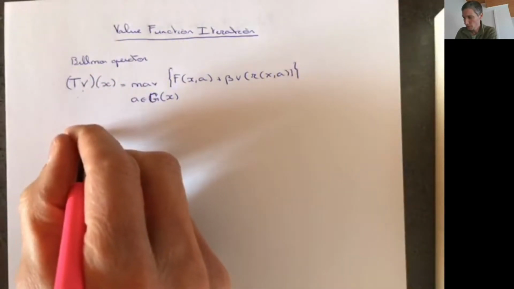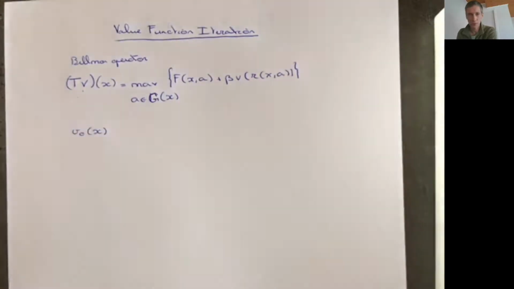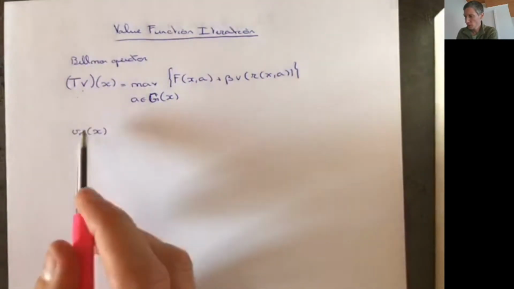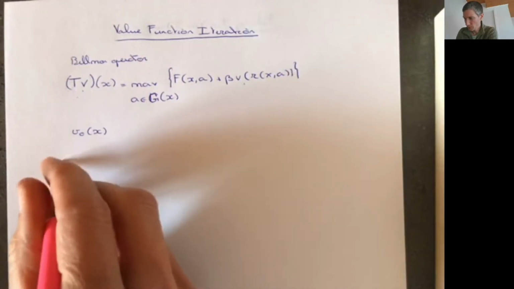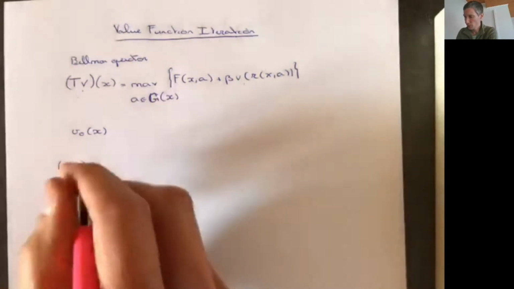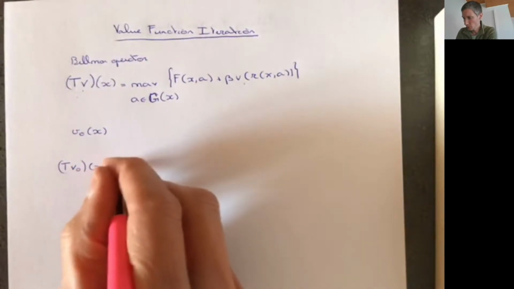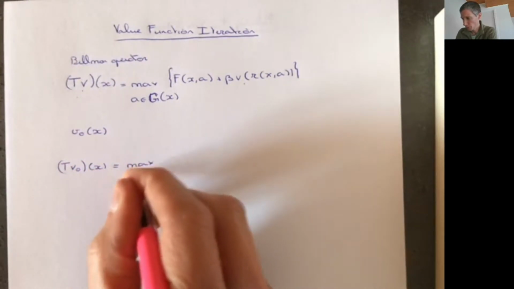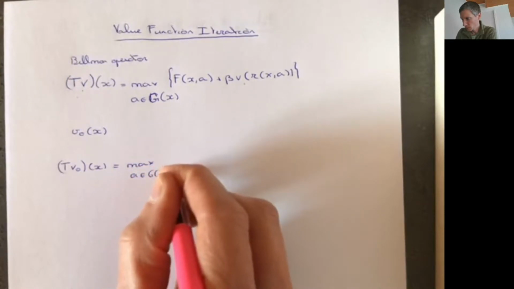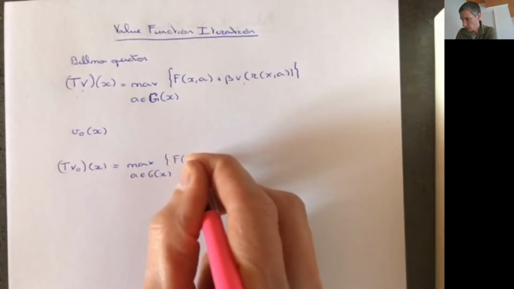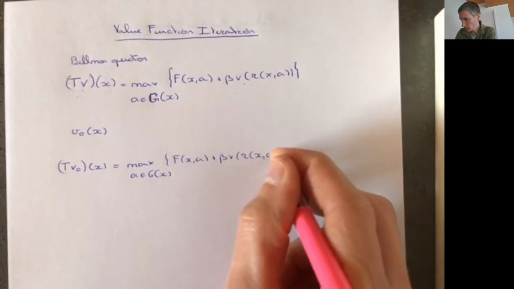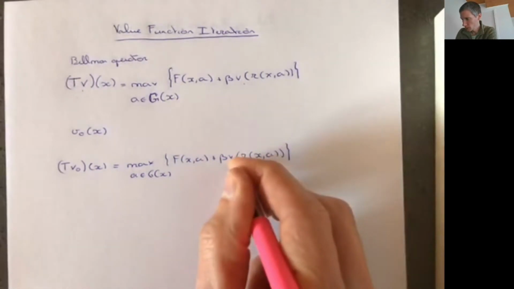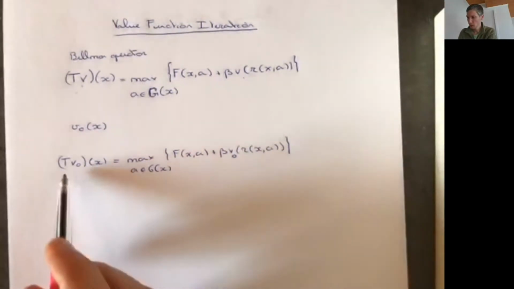Because this is a contraction mapping, we can start with some function v0 of x, then plug this in and apply the Bellman operator, T v0, which is going to be equal to the maximum over a in g of x of f(x,a) plus beta v0 of r(x,a).